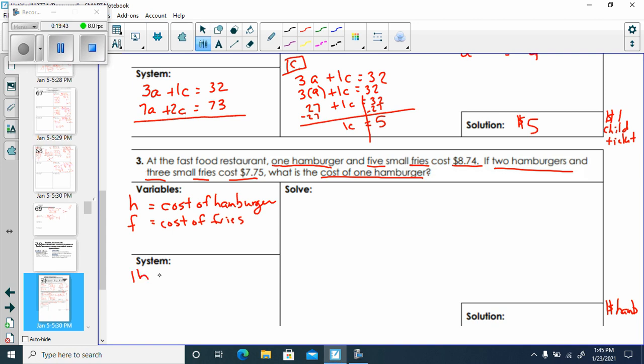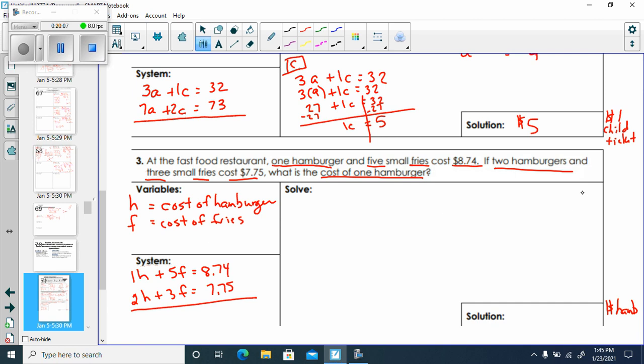So 1 hamburger plus 5 fries equals $8.74. What's the other one? 2 hamburgers, 3 fries is $7.75. 2 hamburgers, 3 fries, $7.75. Okay?